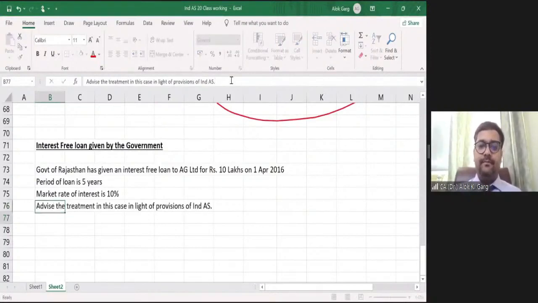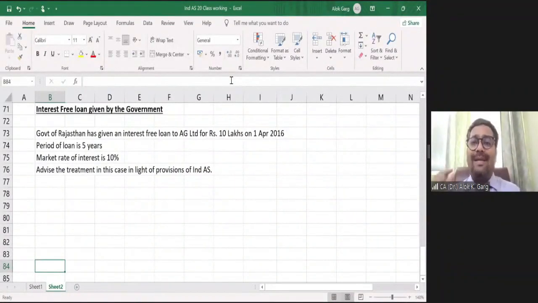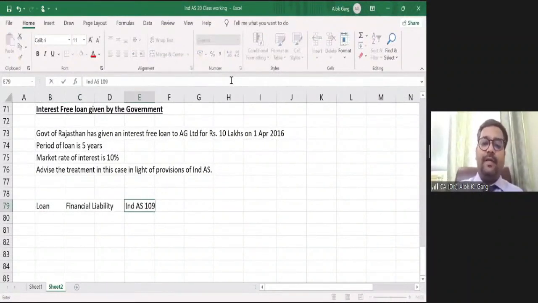So guys, in this case, standard says that if the government has given an interest-free loan, this loan is a financial liability, and this has to be calculated as per Ind AS 109.